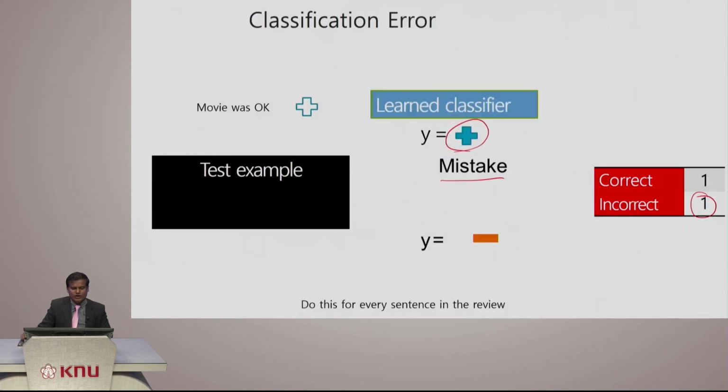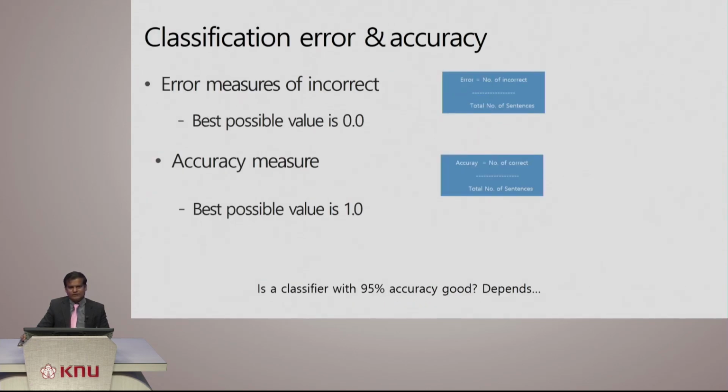Likewise, you are going to do this for every sentence. For every sentence, you are going to count the number of correct classifications and the number of incorrect classifications. Once you're done with all these, you can see what is the accuracy of the system. That's where the classification error and accuracy comes in.